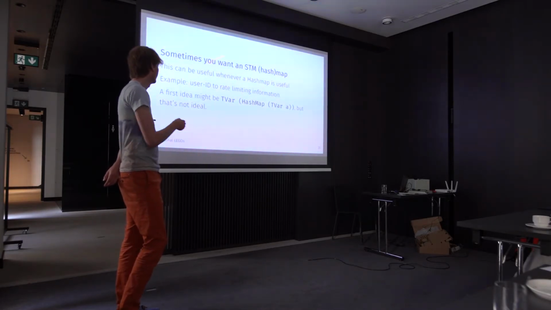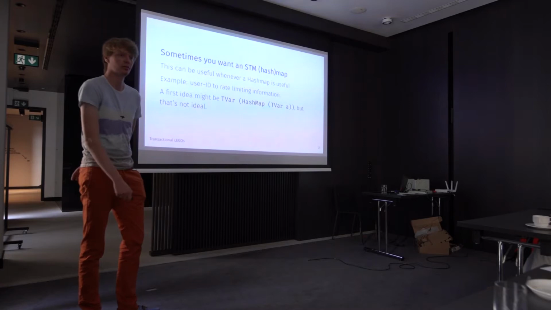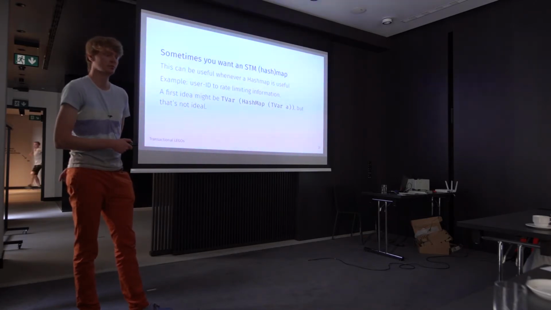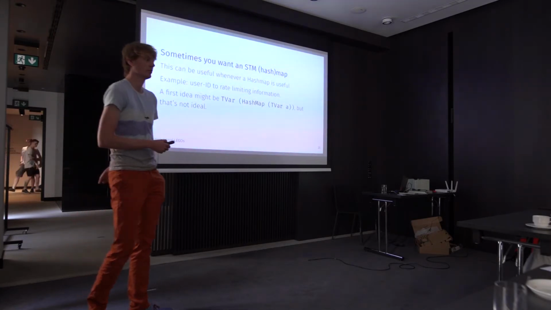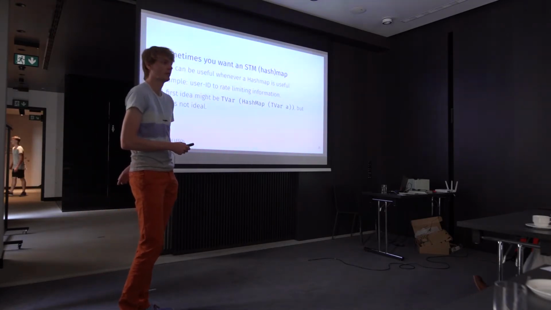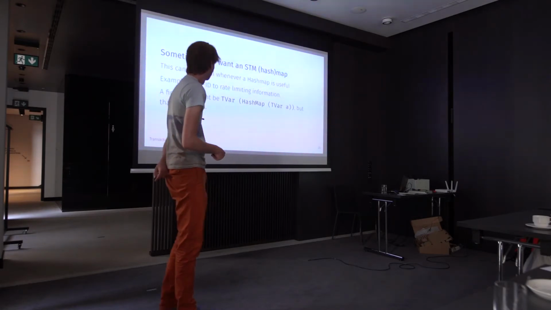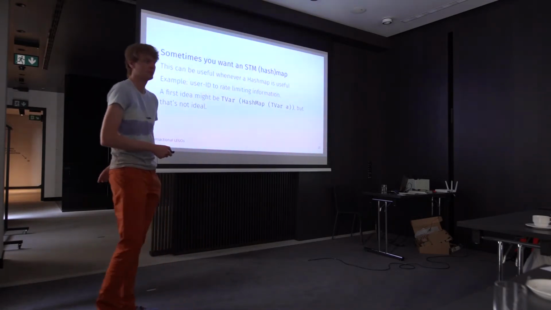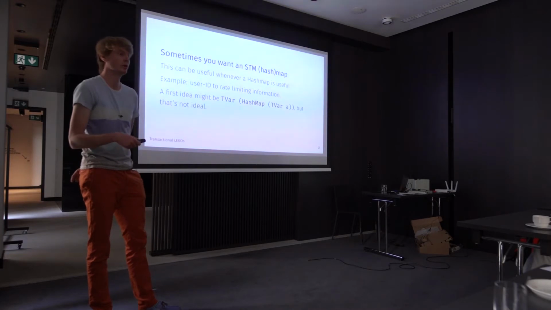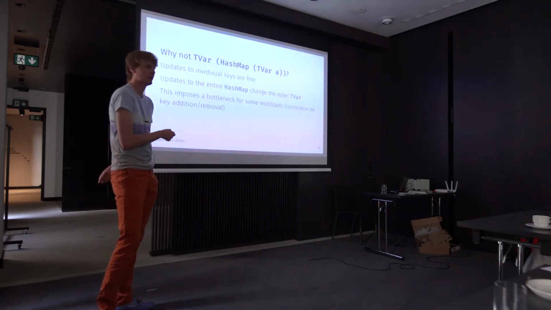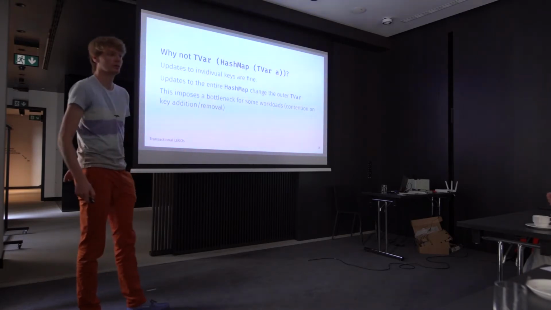But this entire thing, in general, is not very ideal. And can you tell me why? You have to look at the map. Yeah, exactly. Updates to individual keys are fine. That's what this TVAR is for.